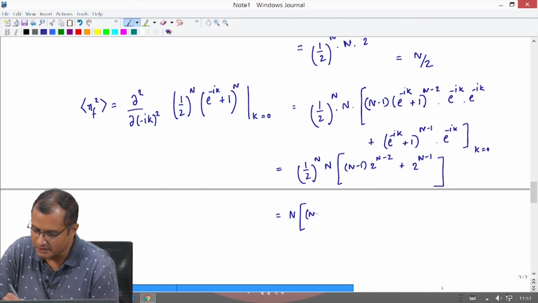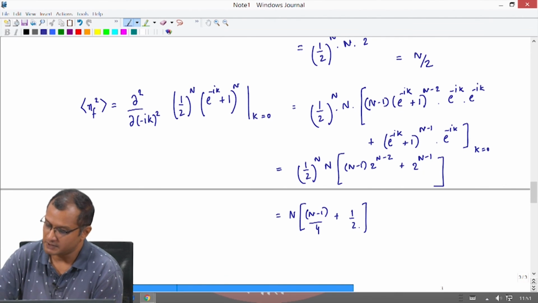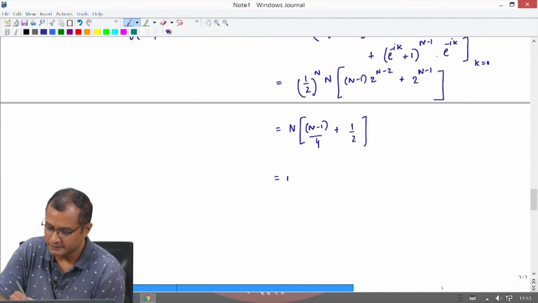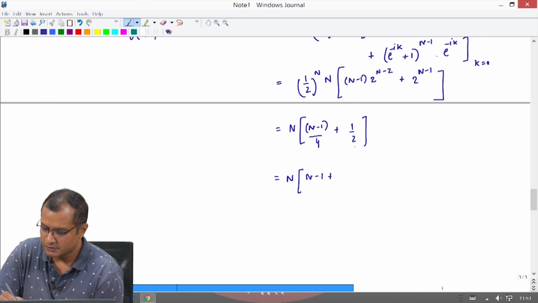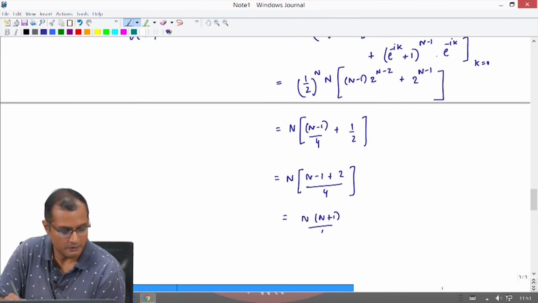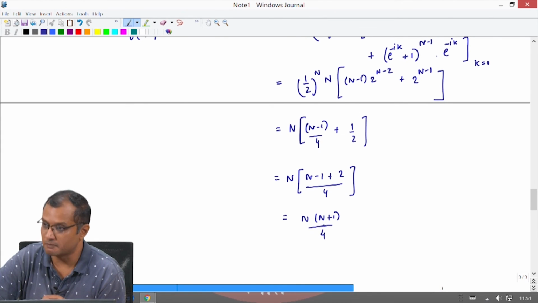So, what you will have is n minus 1 by 4 plus 1 by 2. Okay. So, I am taking the 1 upon 2 raised to n inside. So, this will give me n into n minus 1 plus 2 upon 4, which is n into n plus 1 by 4. Okay. So, that is what we had for the second moment, n square plus n by 4, right.